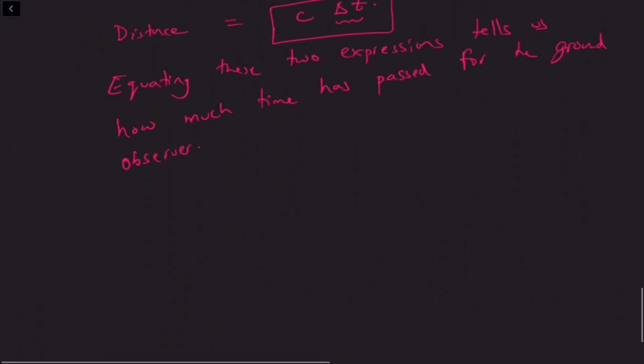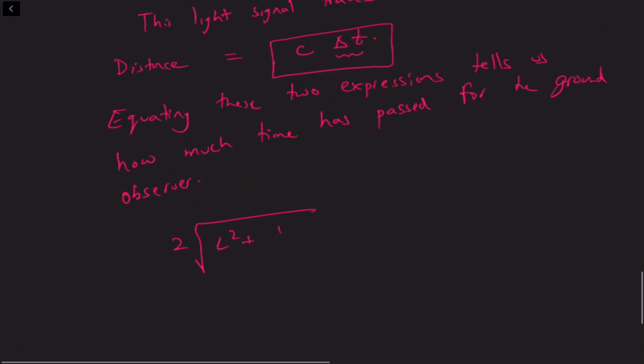That would be 2 times the square root of L squared plus (half v delta t) squared, over delta t.